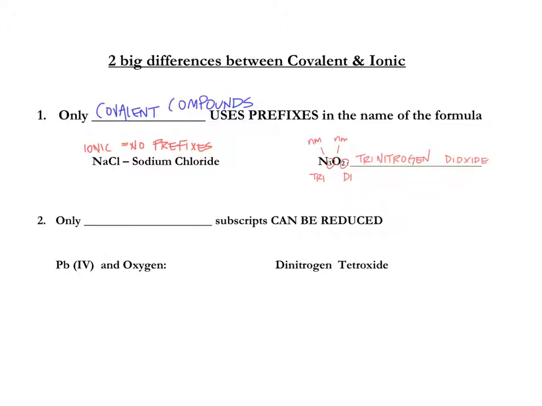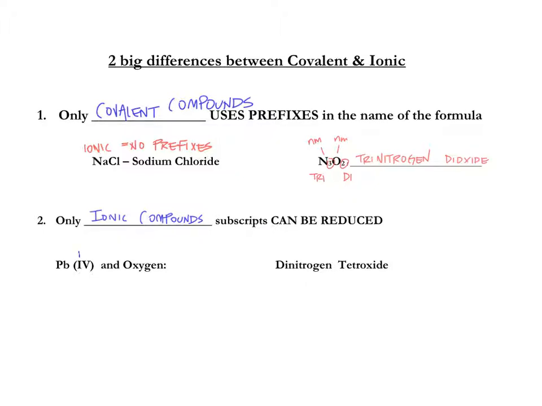So covalent compounds use prefixes, and ionic compounds are the only compounds that can have their subscripts reduced. Covalent compounds cannot be reduced. Okay, so here I've got lead 4 and oxygen.